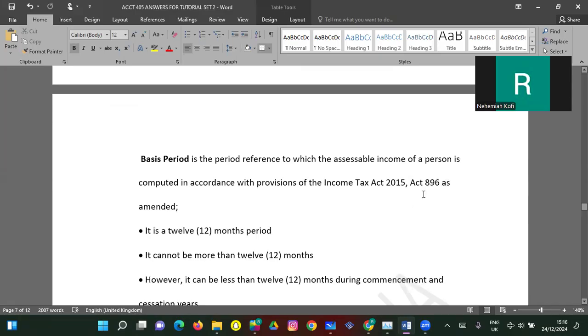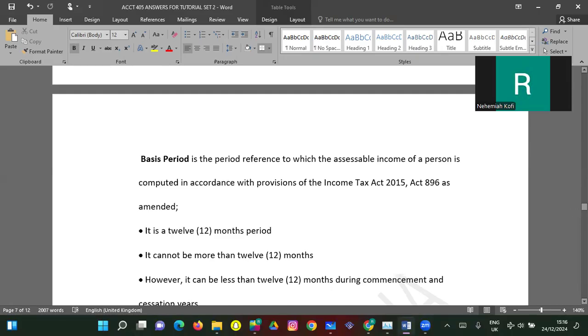This is the marking scheme. Act 896 as amended. So it is normally a 12 months period, right? And it cannot be more than 12 months. However, it can be less than 12 months, like during commencement.